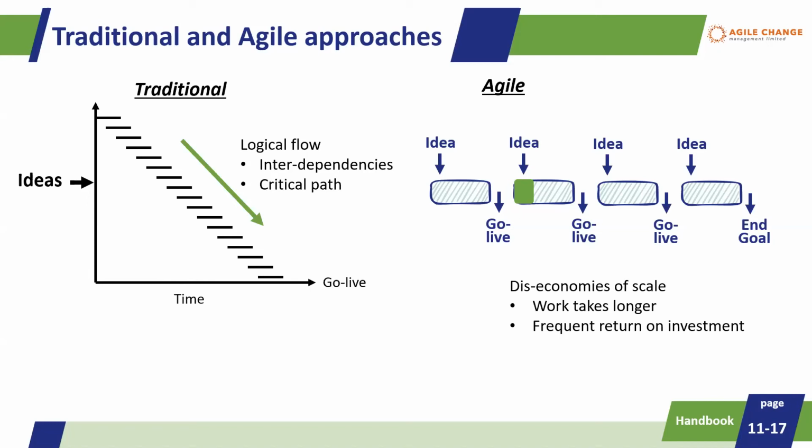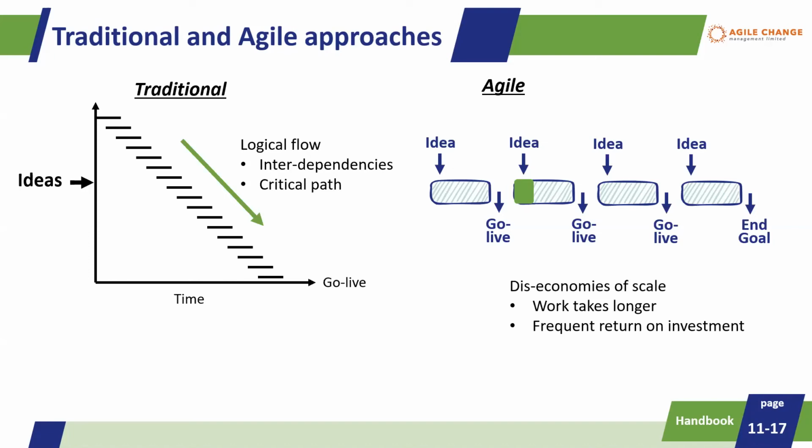Whereas there's something going on with Agile that we have to recognise, because it's not always good news: there are potentially diseconomies of scale that build up. If I've done some work in the first iteration and I've gone live with it, now if I need to go back and add some more features to extend the functionality that I've offered the business, I may have to go back and unpick some of my work.